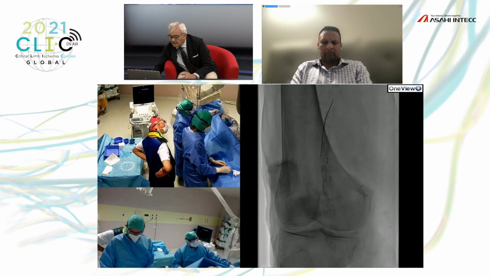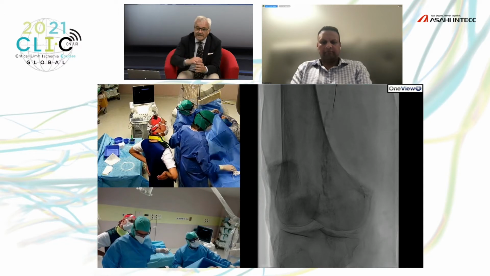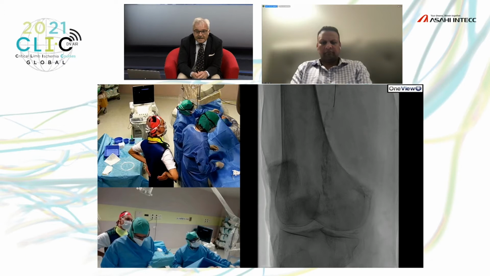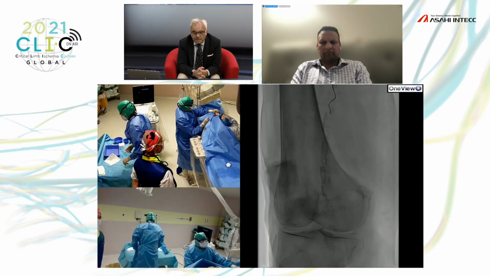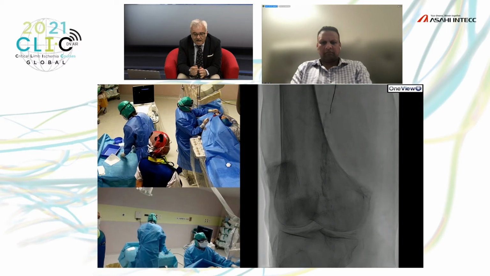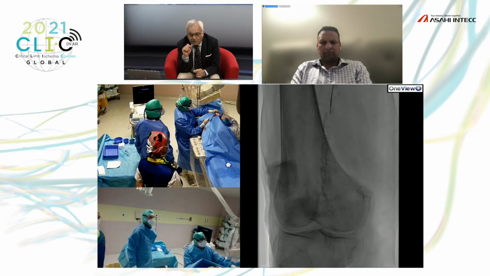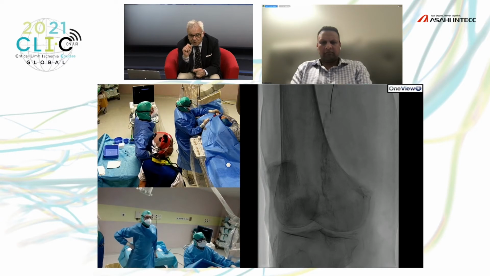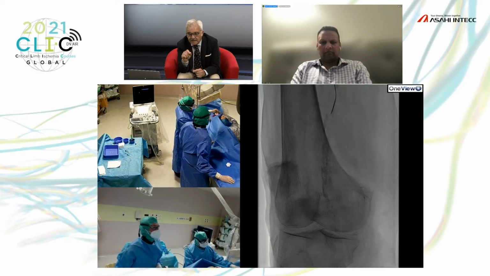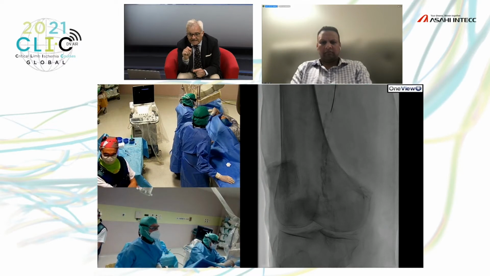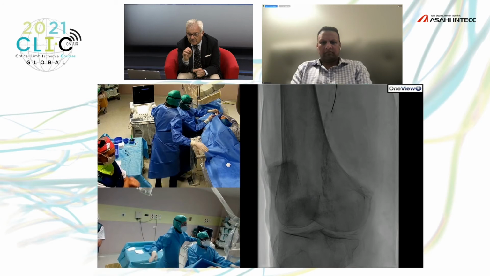Yeah, it is clearly out of the vessel. You can see the stiffness of the wire when I try to apply just a little bit of force to push the tip in the proximal cap. The flexibility of the wire is very poor.